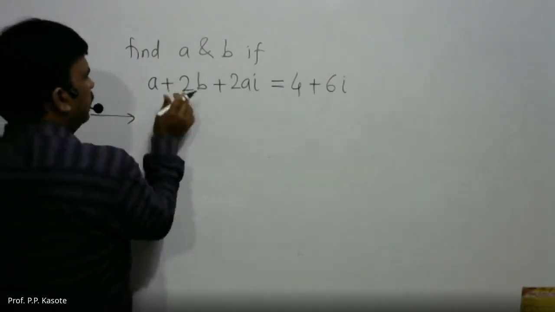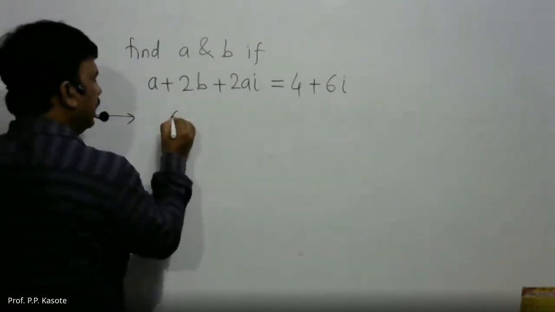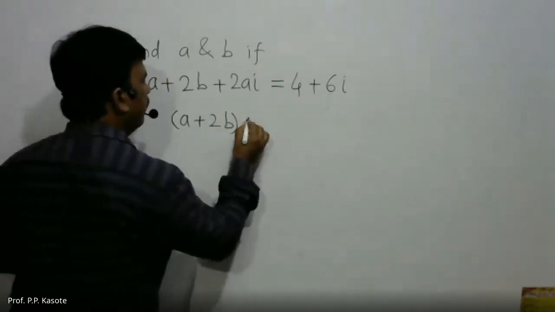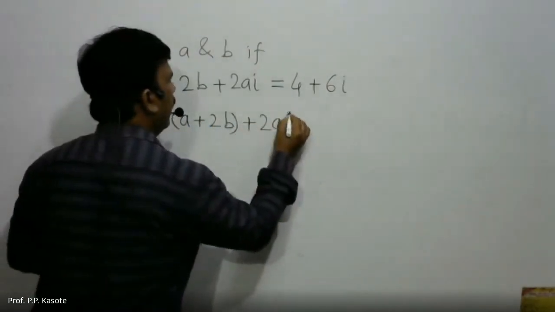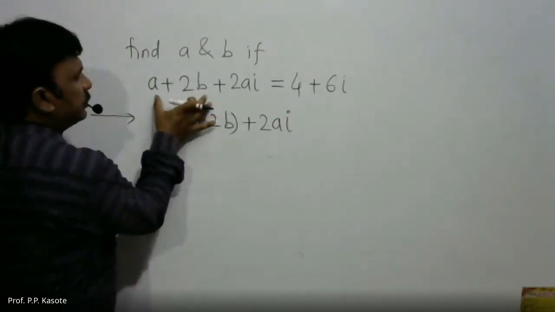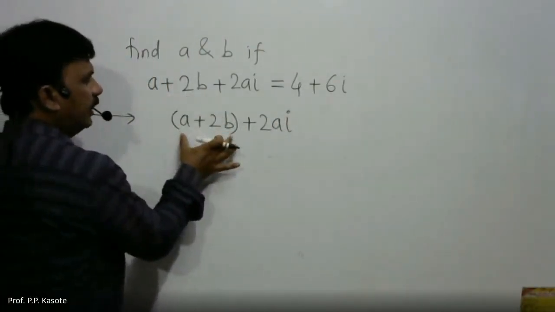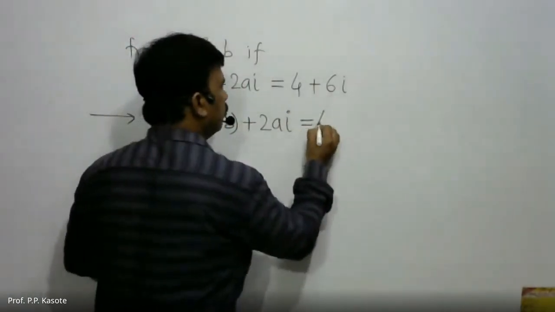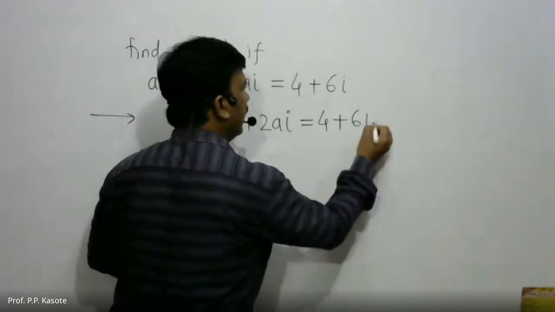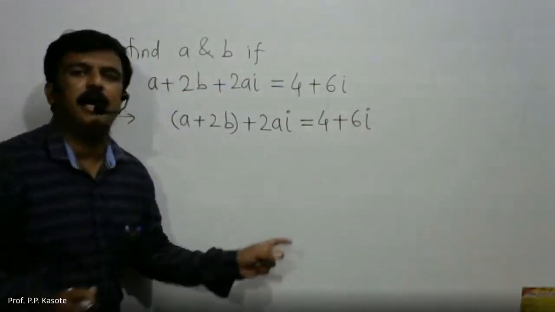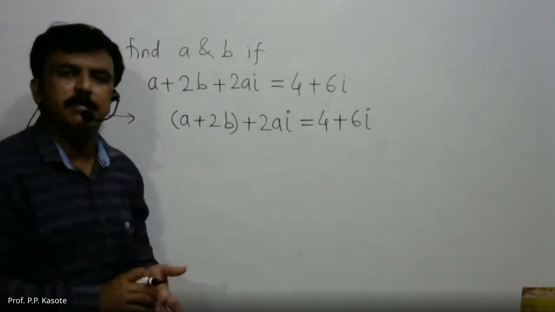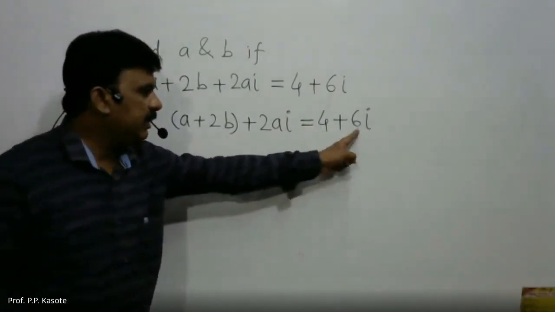If we write the first two terms in a round bracket, that is a plus 2b plus 2a i. We have just enclosed the first two terms in a round bracket. Then I have written the second term as it is, which is equal to 4 plus 6i. There is nothing to simplify at the right hand side because we can easily see a complex number there. Real part 4 and imaginary part is 6.